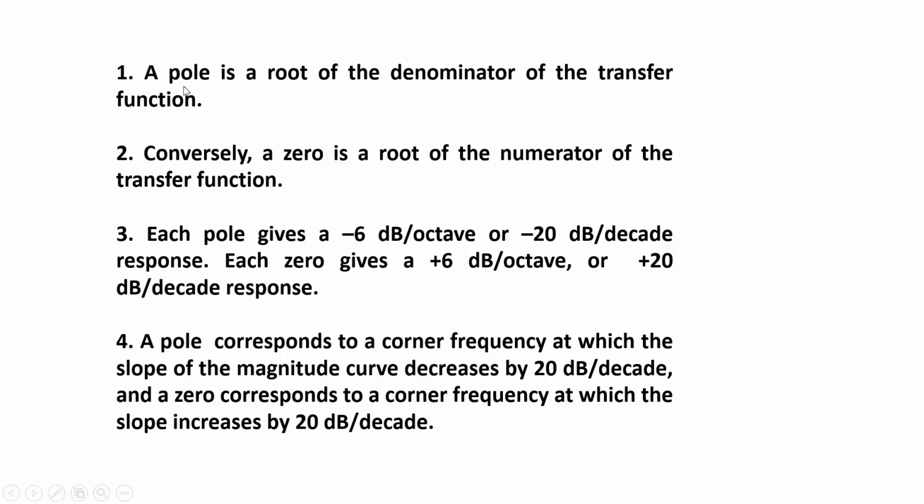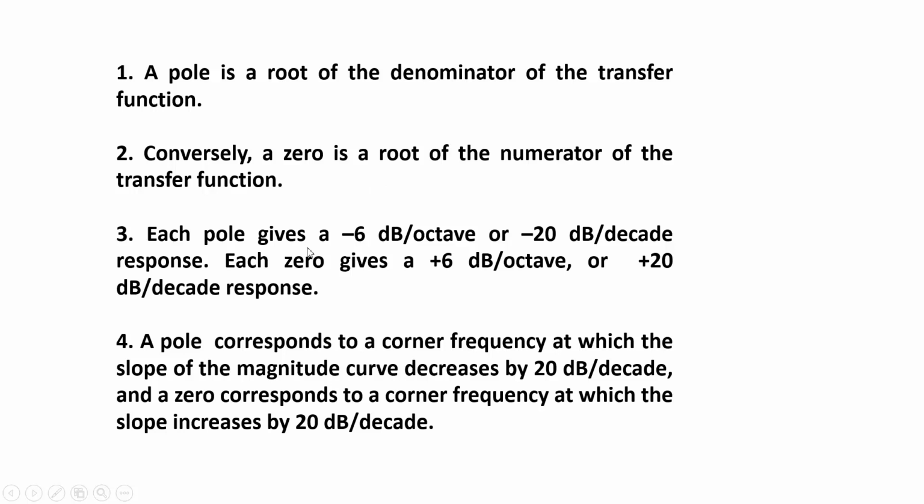So that's what is said here. A pole is a root of the denominator of the transfer function. Conversely, a zero is a root of the numerator of the transfer function. Here the transfer function will go to infinity. Here the transfer function will go to 0. Those values for which the transfer function goes to either 0 or infinity represent zeros and poles respectively.